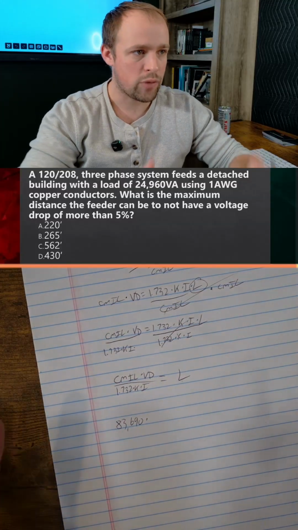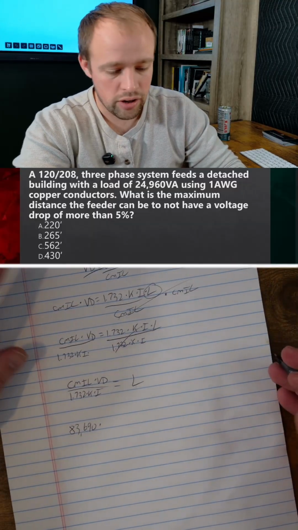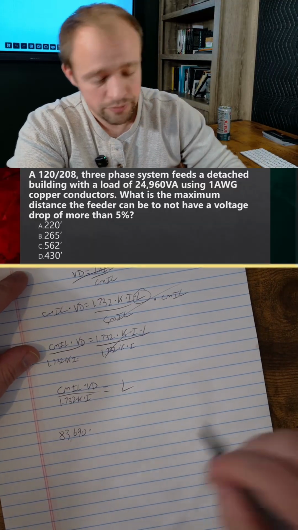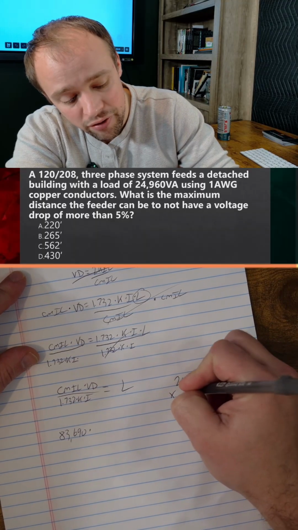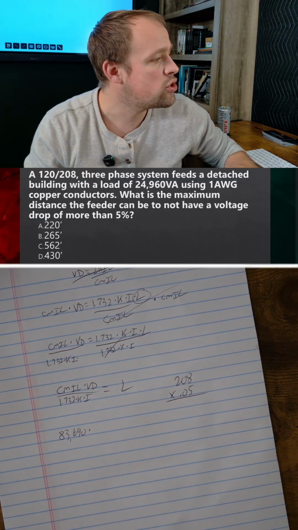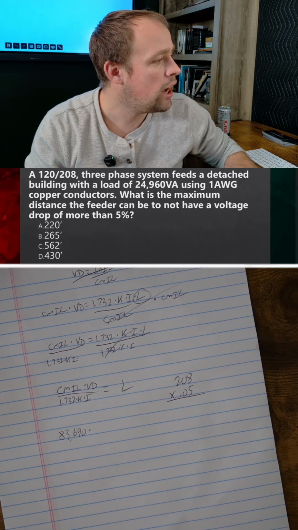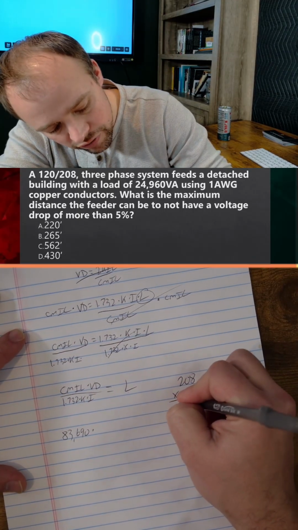What's our voltage drop? The question says we can't exceed 5% of our voltage. Our voltage is 208 volts, and we multiply that by 5%, which is 0.05. On the calculator, 208 times 0.05 gives me 10.4 volts.